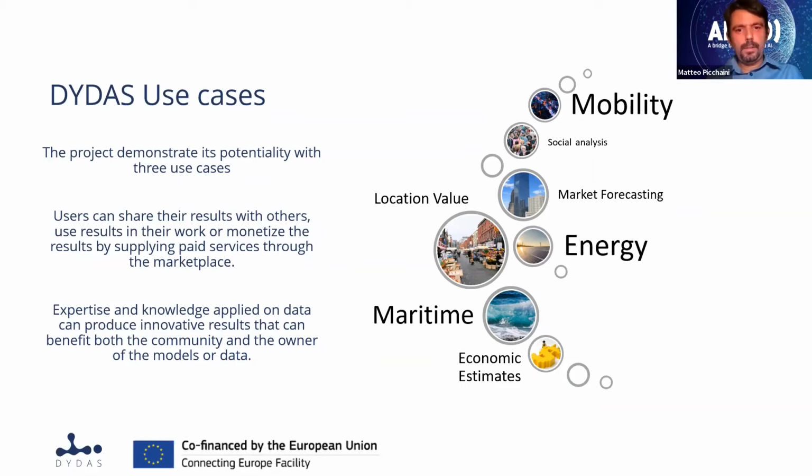The third use case is dedicated to maritime observation, in particular to the forecasting of sea state variables such as waves and currents, and this use case is also related to the energy balancing, since it is possible to forecast also the amount of energy that can be extracted from the waves and currents.